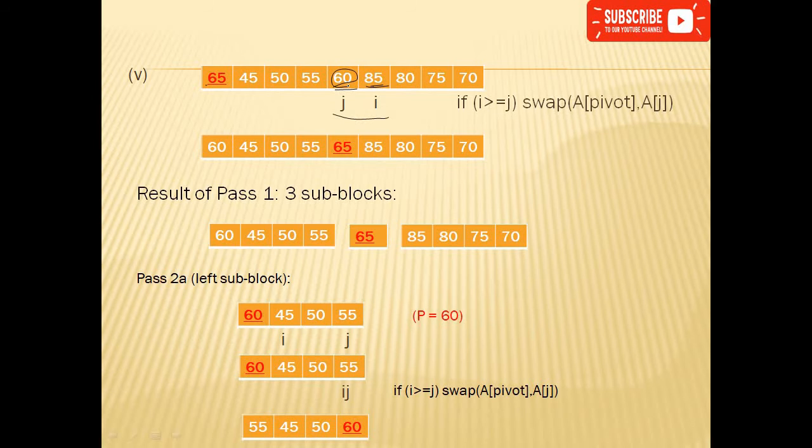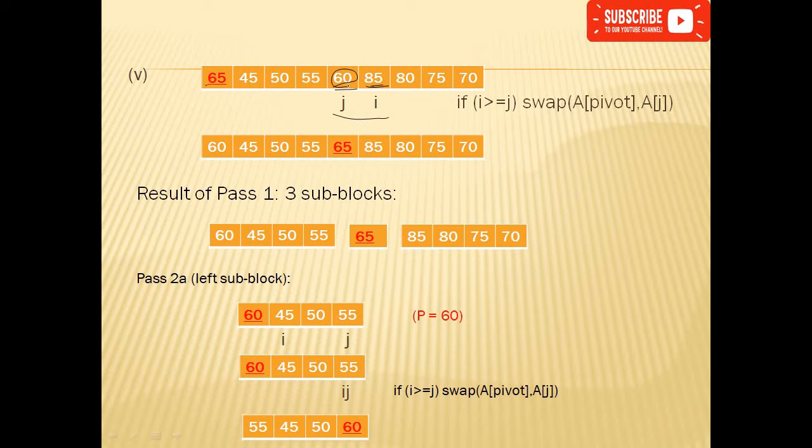And here the one condition is, if i crossed j, in that situation the jth element will be replaced with the pivot element, meaning swapping will be done.